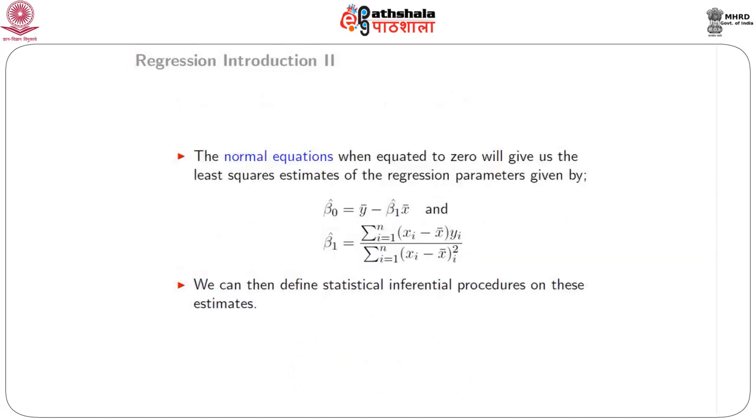The normal equations equated to 0 will give us the least square estimates of the regression parameters, and the expressions for the least square estimates are given by beta naught hat equals y bar minus beta 1 hat times x bar, where x bar and y bar represent the sample mean of the two variables x and y, and beta 1 hat is given by summation i equals 1 to n of x i minus x bar times y i, divided by summation i equals 1 to n of x i minus x bar whole square.